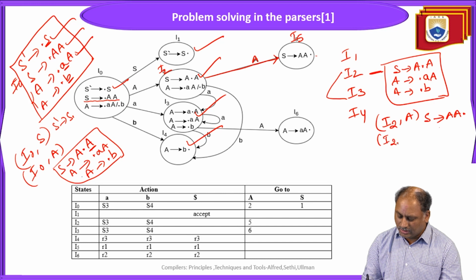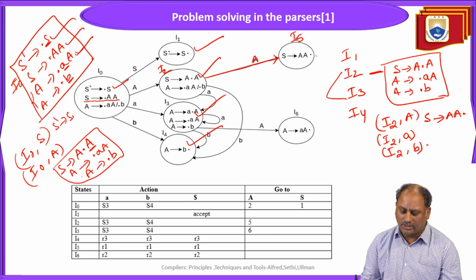But what about the remaining? That means I2 comma small a also you have to compute, and I2 comma small b also. So if you compute I2 with small a, what we get is A derives small a dot capital A. But here, after the dot, once again the non-terminal exists, so we have to include the related A productions also. So that's why A derives dot small a capital A and A derives dot B. You have to copy.